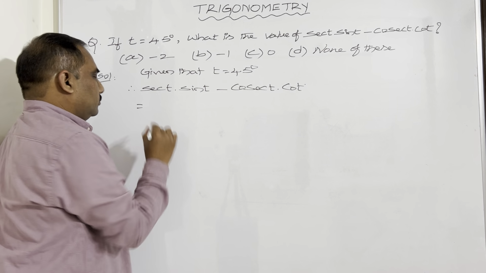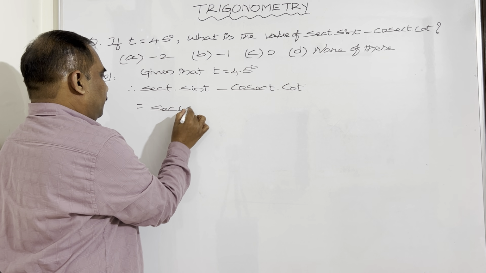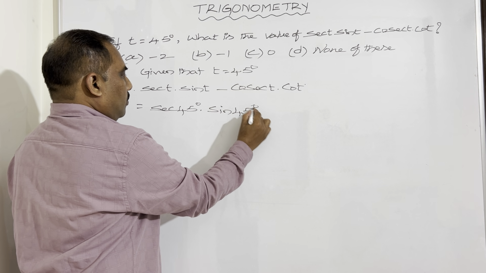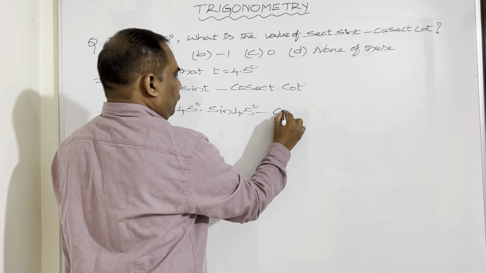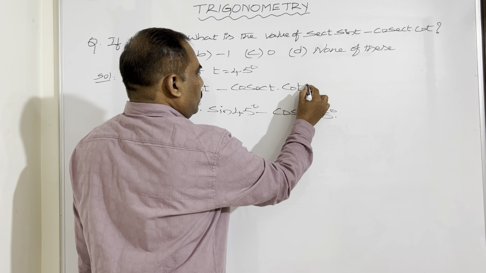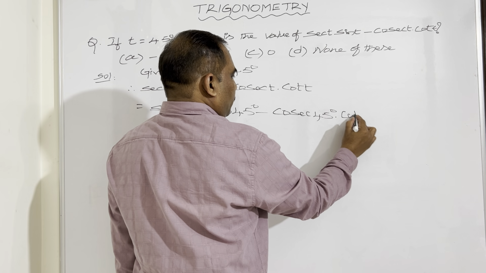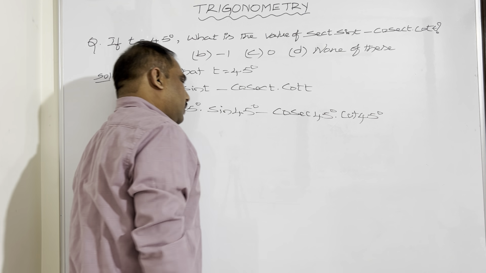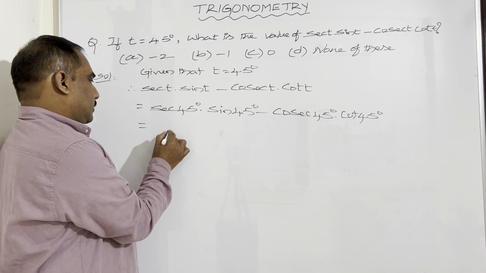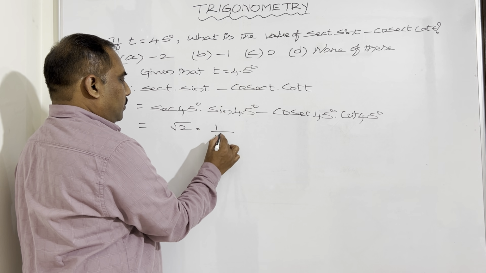Just substitute the t value 45 degrees here. So secant 45 into sin 45 minus cosecant 45 into cot t, that is cot 45. We know that cos 45 is 1 by root 2, so secant 45 is root 2, and sin 45 is 1 by root 2.